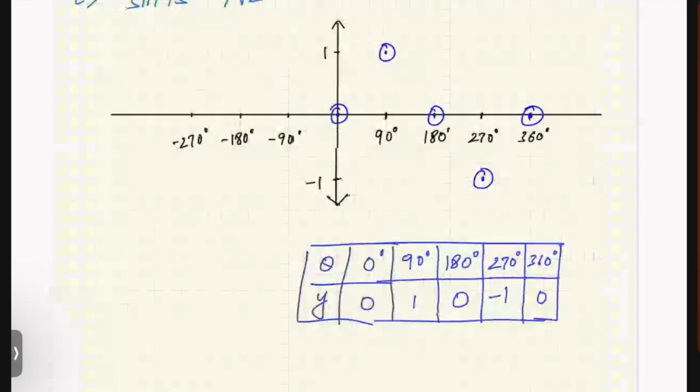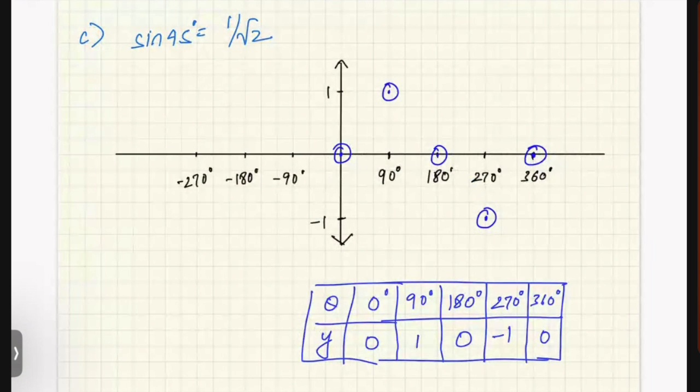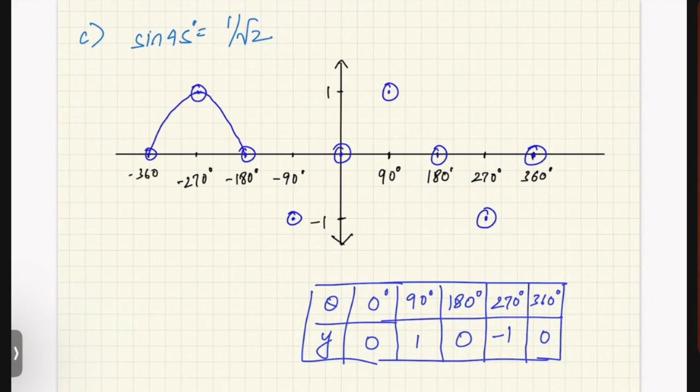We will give them 3 values for our practice. 270 will be here, and then at 360 it will come down and become 0. Let's join this smoothly, and don't worry, there will be some discrepancy in the angle, which shouldn't be a problem.